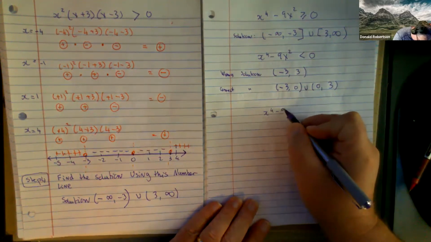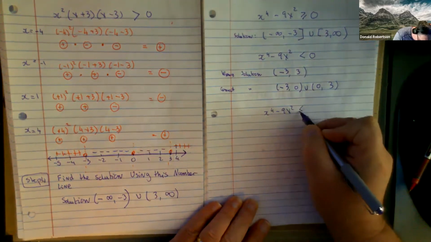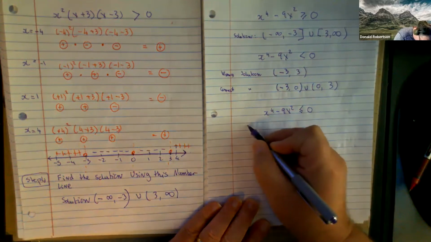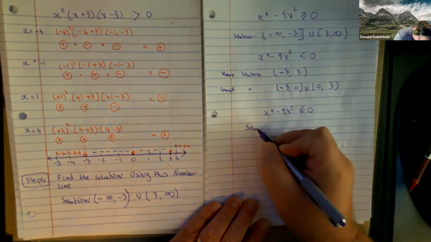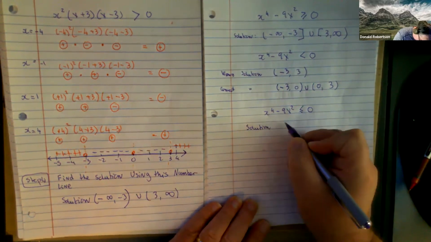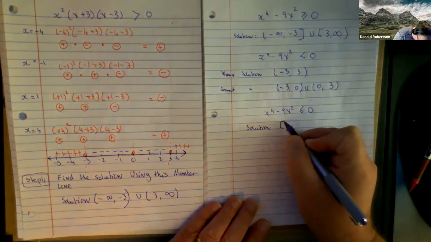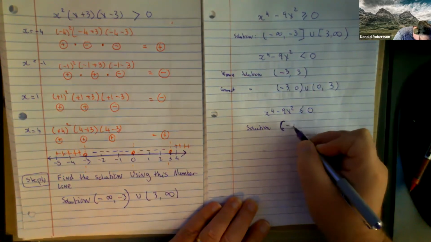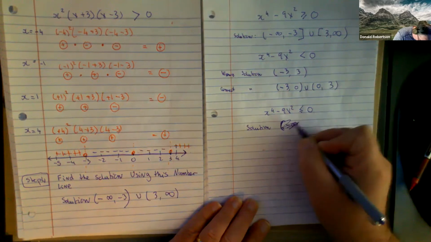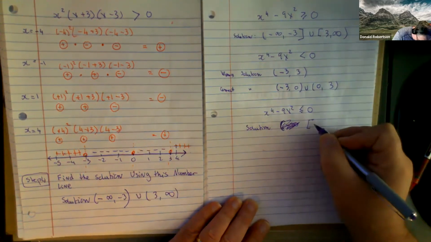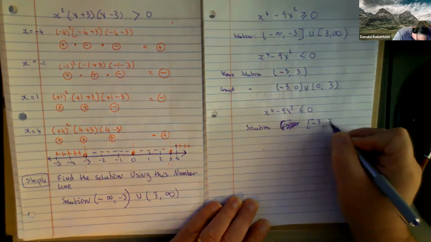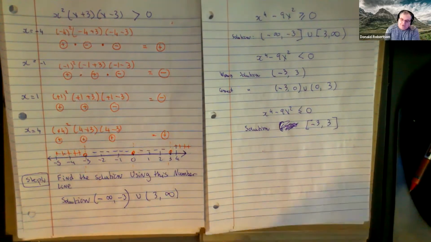Now, if it had been less than or equal to 0, then the solution would have been everybody from -3 to 3, and square brackets on them as well.